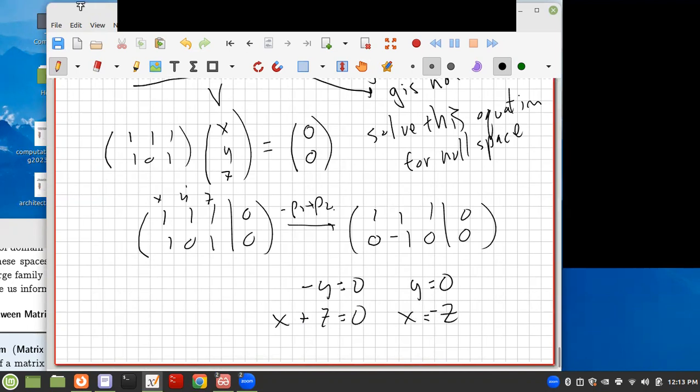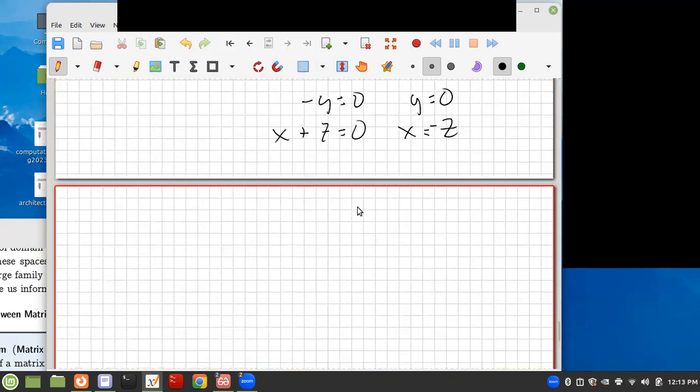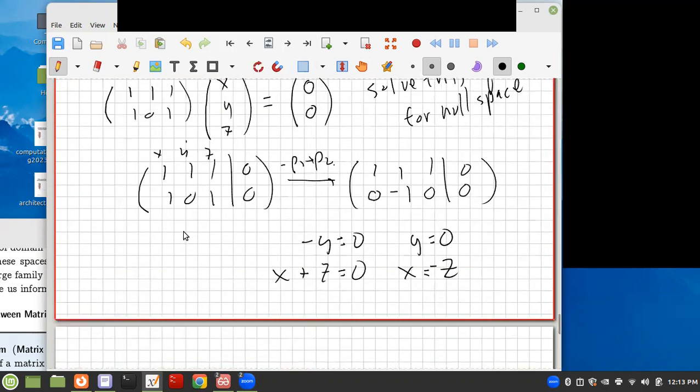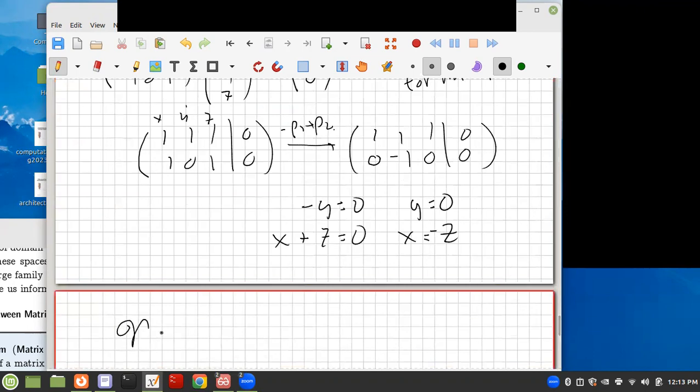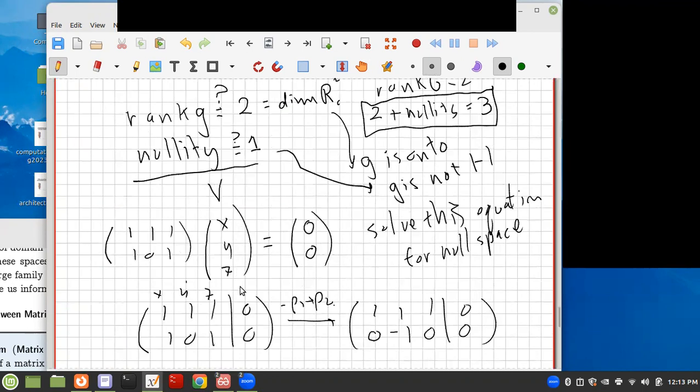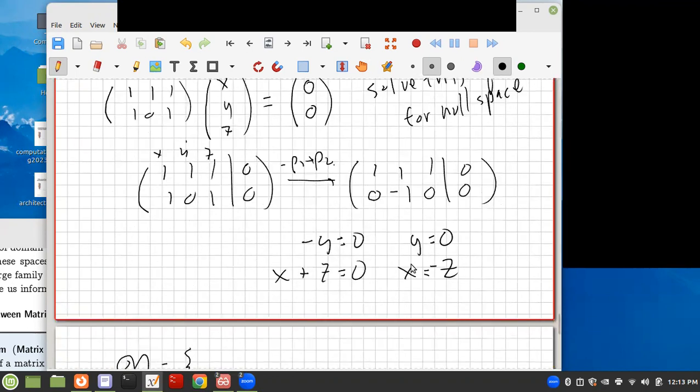So therefore, the null space equals all the x, y, z's here that solve the system.